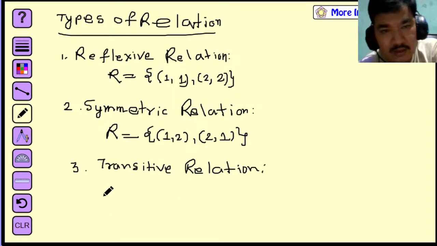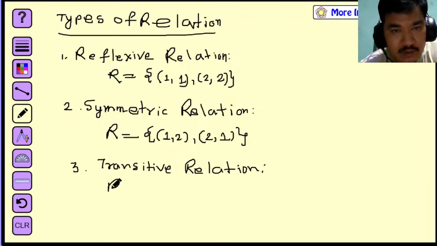In this relation, this is also a set of ordered pairs.